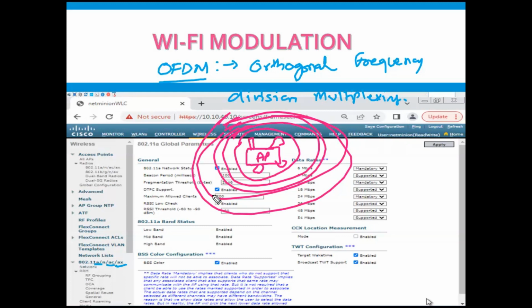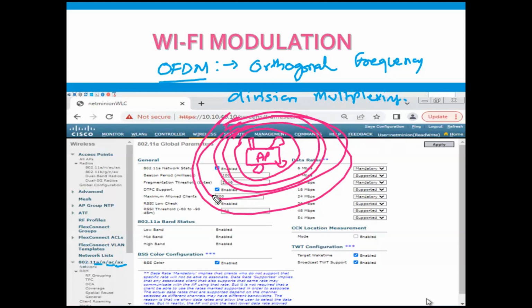So it enables the carriers to transmit simultaneously without causing interference, which is a very significant advantage in wireless communication, providing very high bandwidth. So OFDM, remember this term.